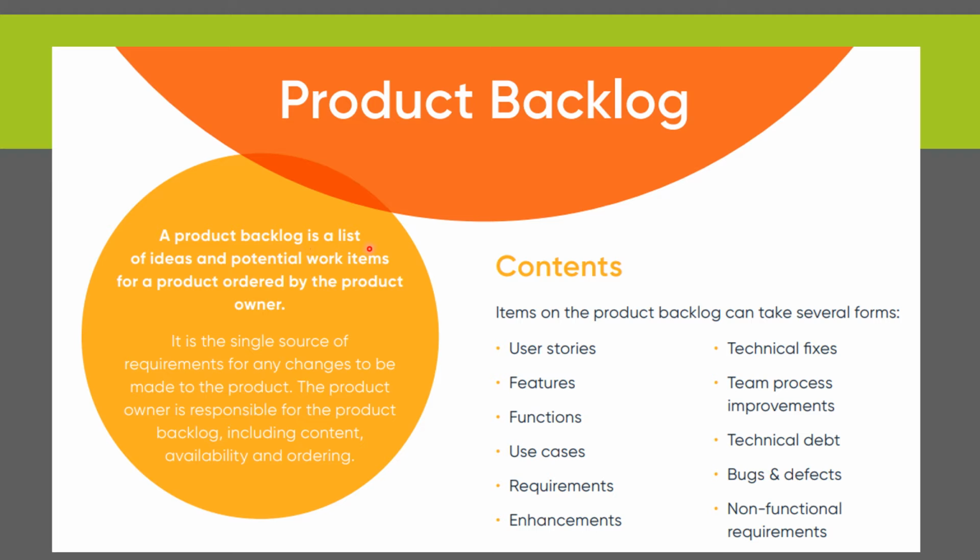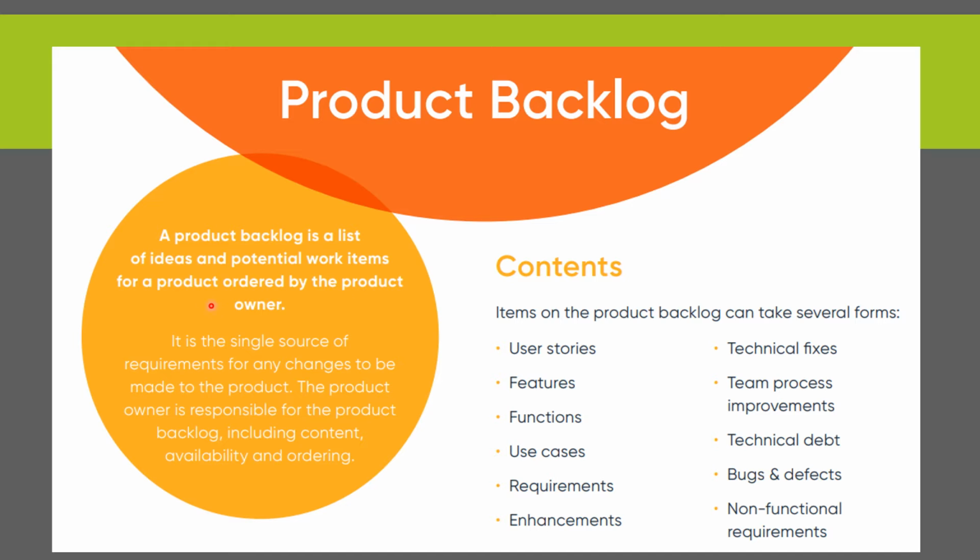A product backlog is a list of ideas and potential work items for a product, ordered by the product owner, right? It could be a document or it could be a list of items, a list of ideas. Ideas can be represented in epics, features, user stories, or you can commonly call them product backlog items.